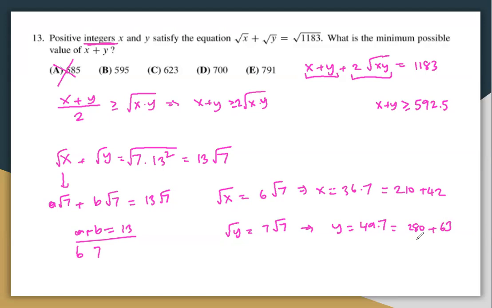If you add 210 and this, you get 490. And then 60 plus this will be 100, so 105. So 105 plus 490 is 595, which is choice B. So this is possible, as we see.